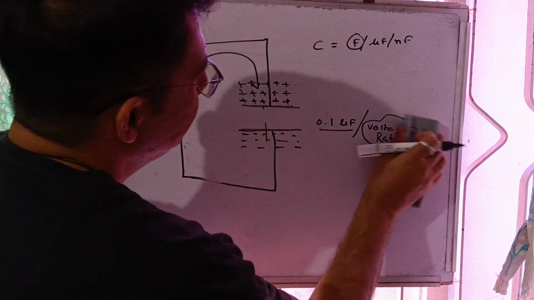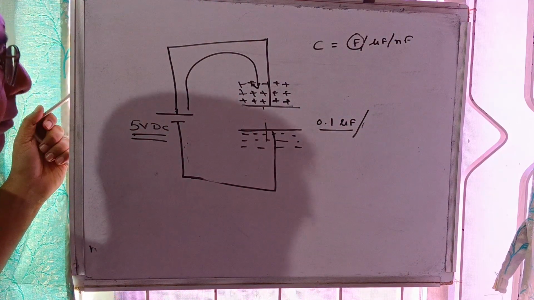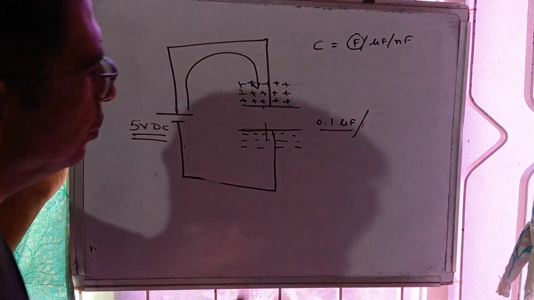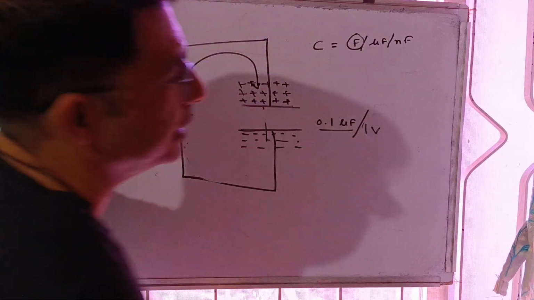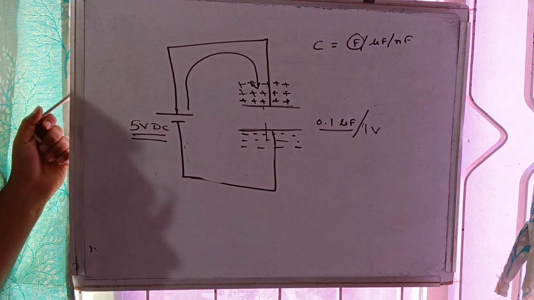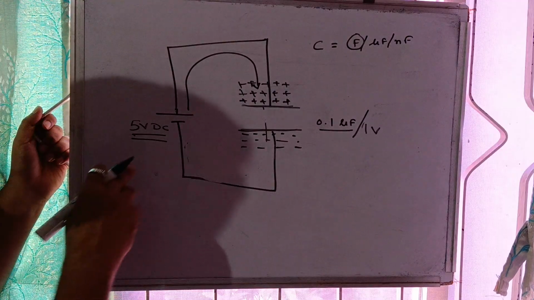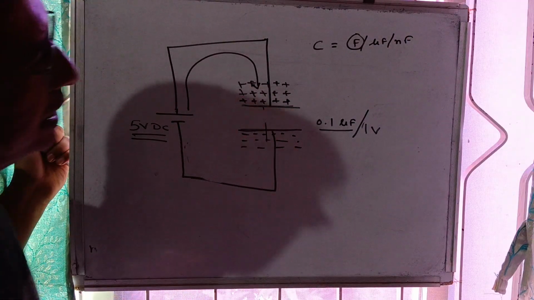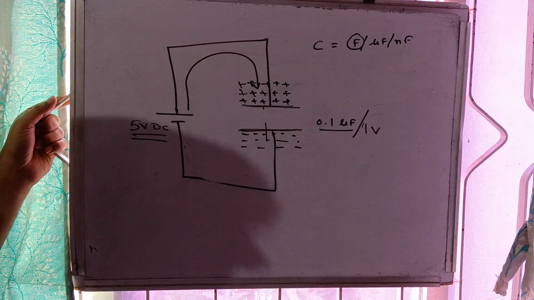Now let us say we have a capacitor, for our theoretical understanding. We are assuming that this is a 0.1 microfarad, 1 volt capacity. So it indicates a capacity, meaning this capacitor can withstand up to 1 volt.